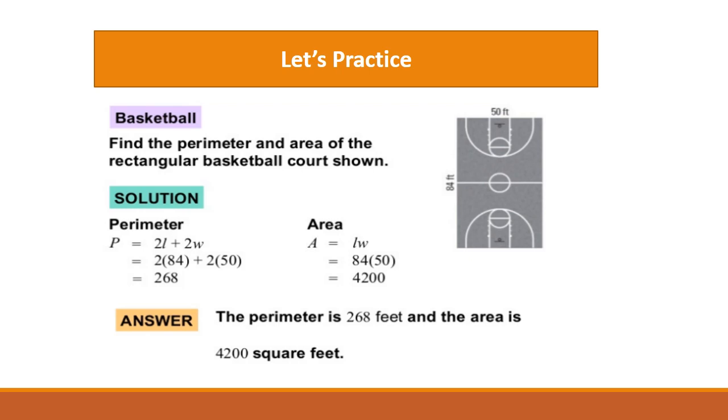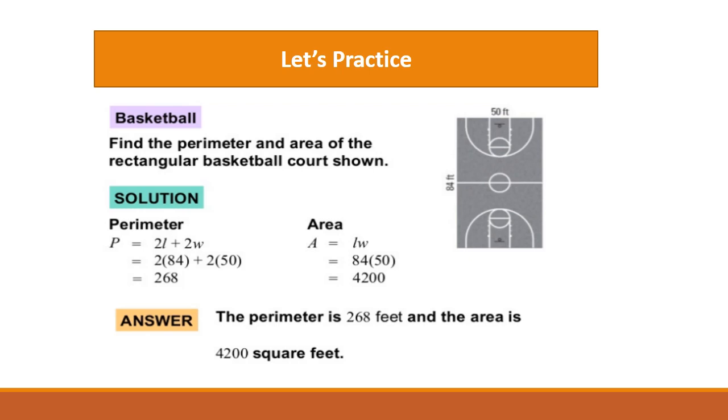So it's 168. 2 multiply 50, fast, 100. Excellent. So 168 plus 100, it's 268. Don't forget the unit. The unit here, it's what? Feet. So the perimeter is 268 feet.